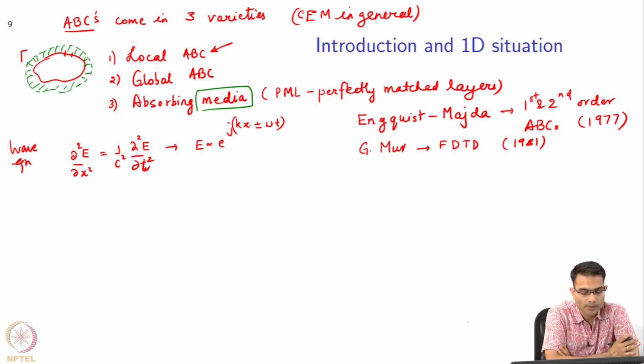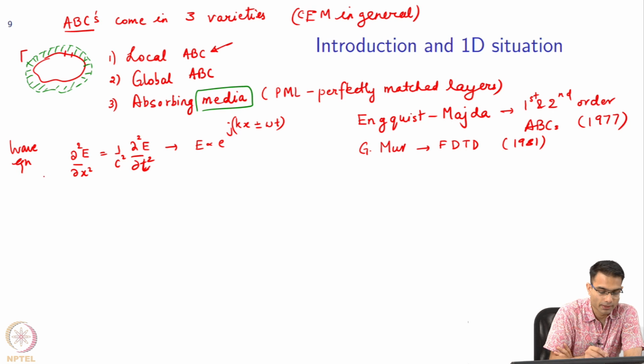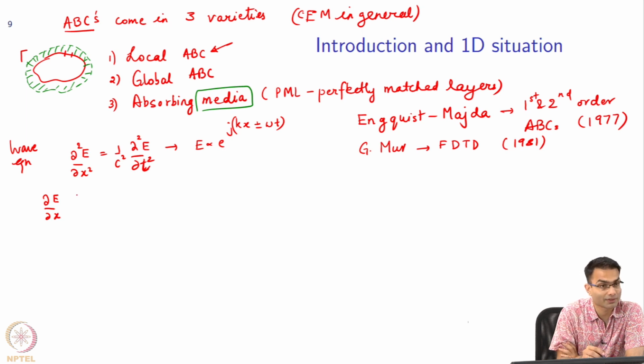Now, let me try to write this equation, or interpret this, in a different way. Okay. Supposing I write this equation in the following way, in terms of first order derivatives.